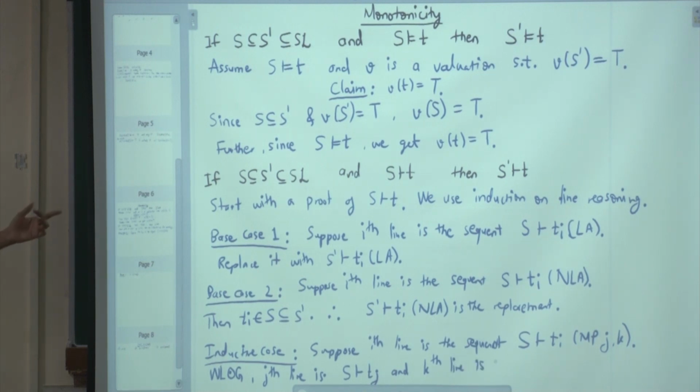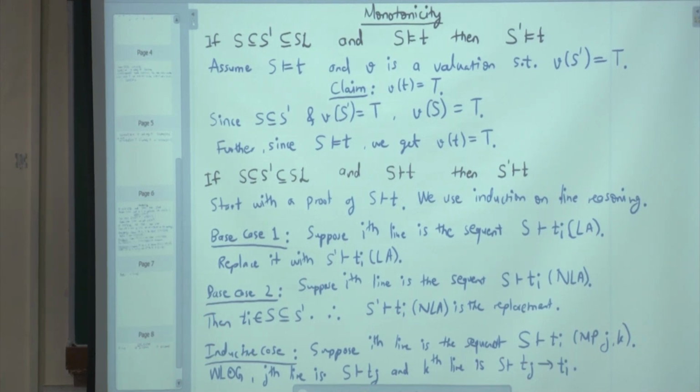Not Tk, it has to be of a specific form: S proves Tj implies Ti. Very good.